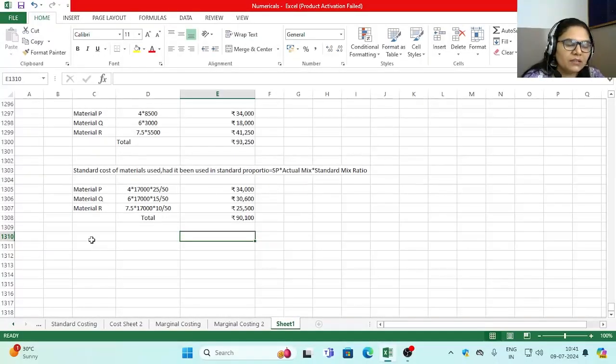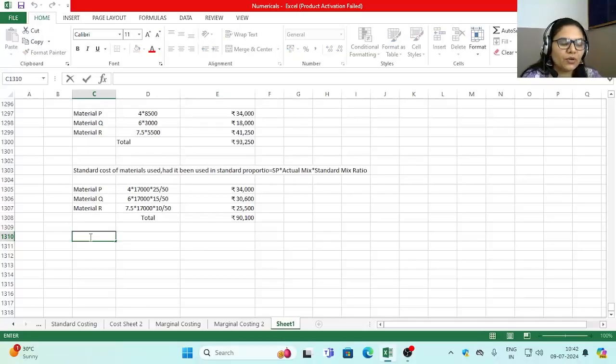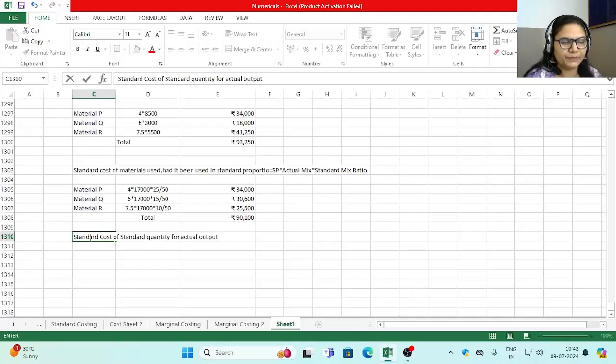Our final calculation is for standard cost of standard quantity for actual output. Standard cost of standard quantity for actual output is calculated as SP into SQ.